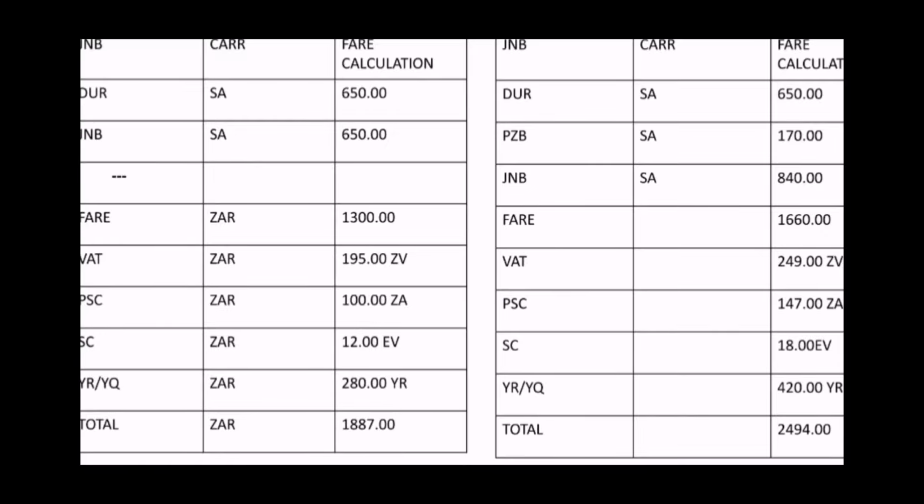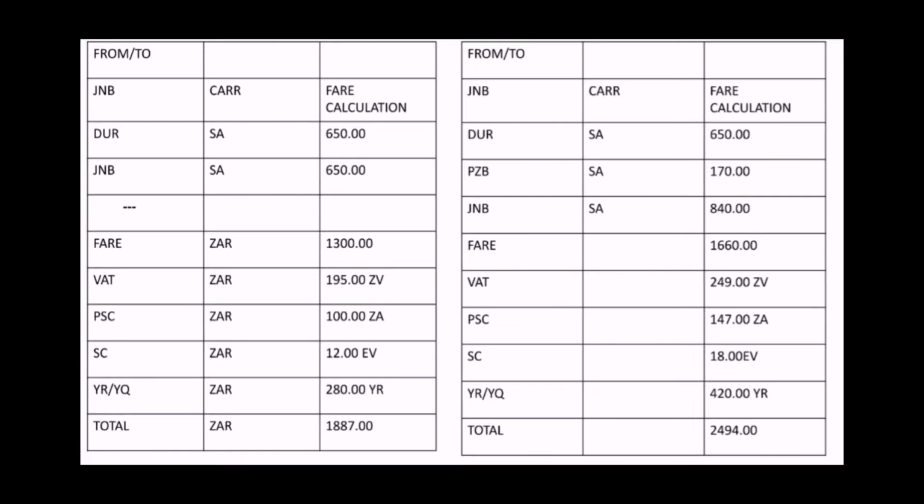So then you can start going into your fare handout. Then we are going to check how much we are going to be charging her from Durban to Pietermaritzburg, and how much we are going to charge her from Pietermaritzburg to Johannesburg, and then we add up that fare. After adding up the fare, you will then have to calculate the VAT at 15%. I'm not going to explain each and every step because at this point we believe that you already know how to do this.